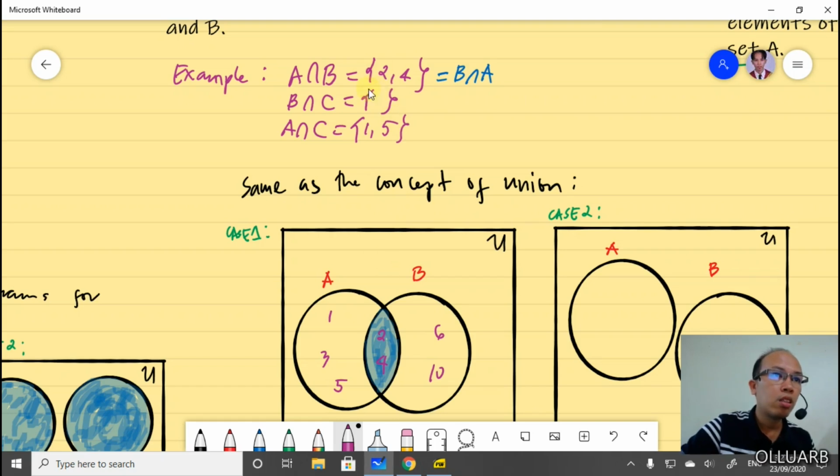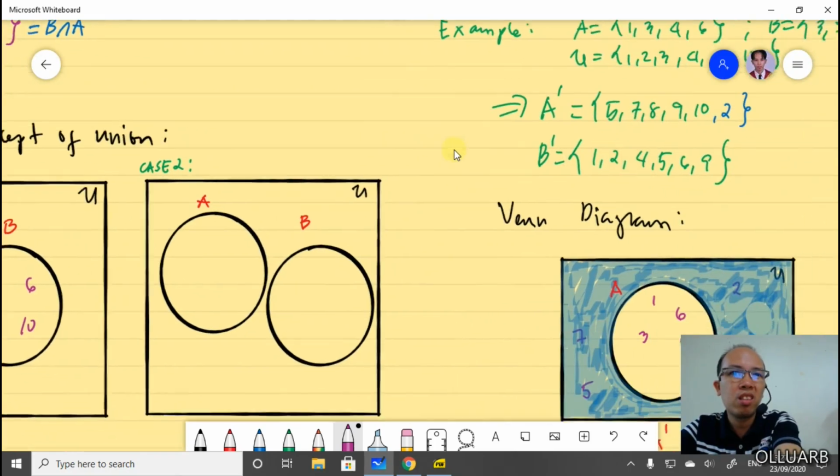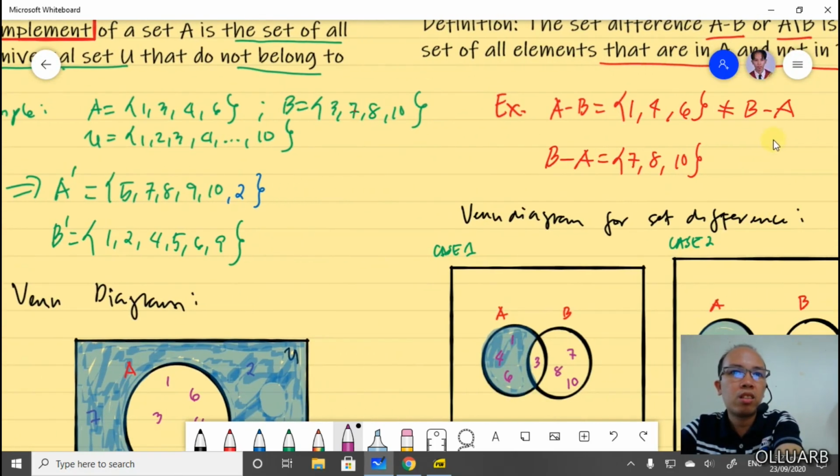Clearly the intersection is in the shaded region. Okay, so if you put a set C here, then you can solve that the intersection between A and C is 1 and 5. Okay, just practice. Okay, I guess we are done.